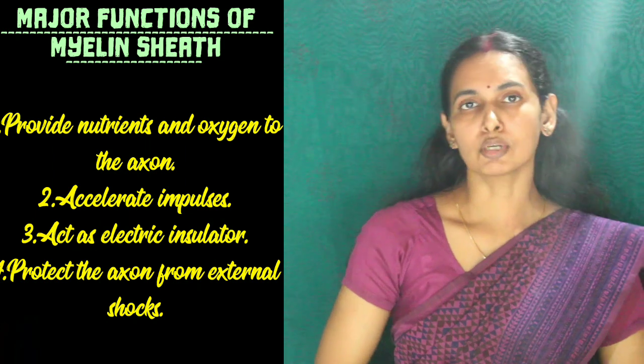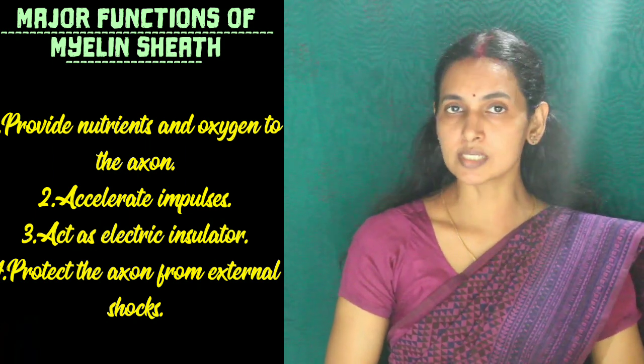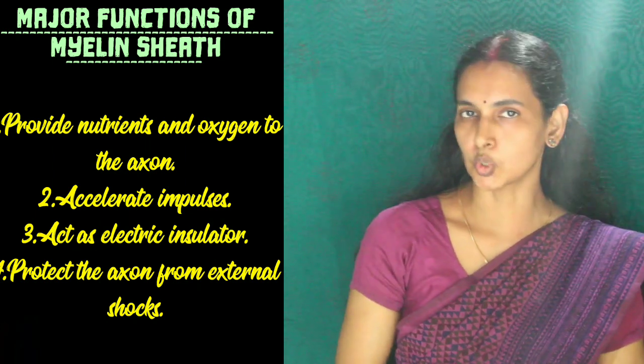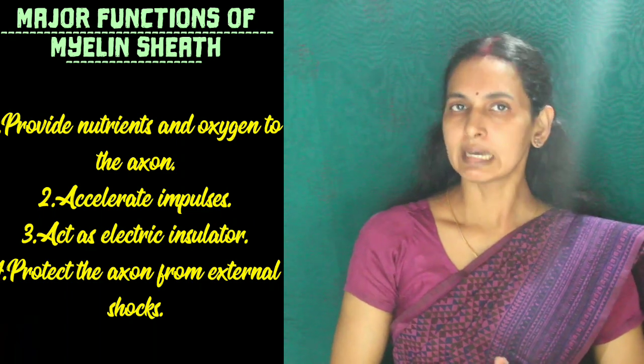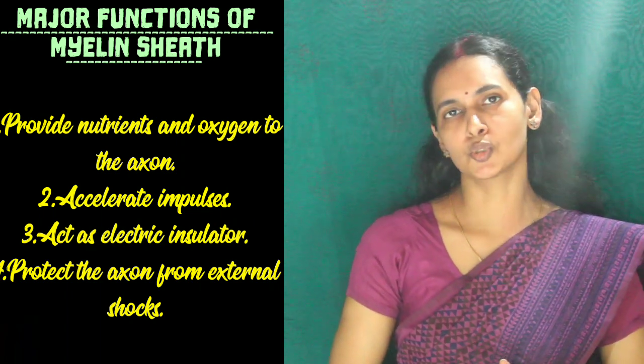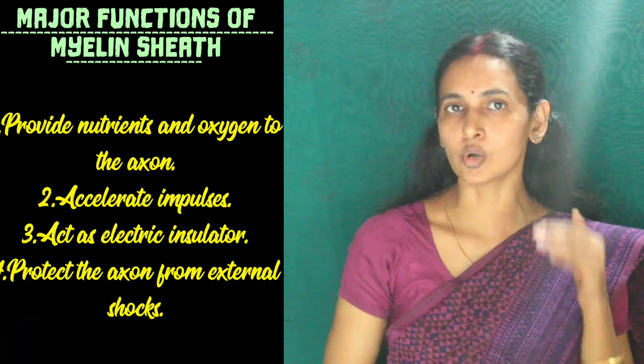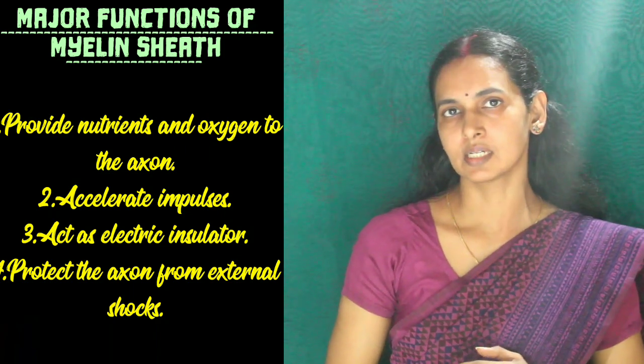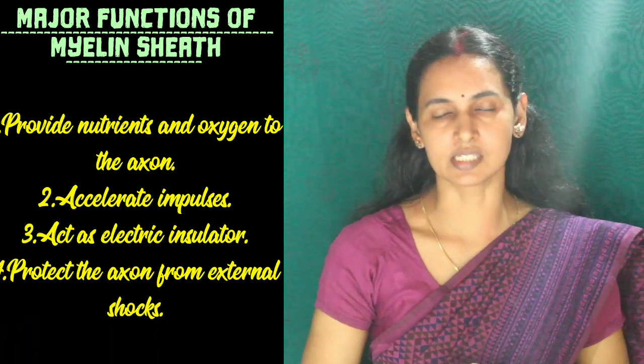What are the functions of this myelin sheath? And why is this myelin sheath needed? The major function of the myelin sheath is to provide oxygen and nutrients to the axon part. The second function is to speed up or accelerate the impulses, that is, to speed up the messages.